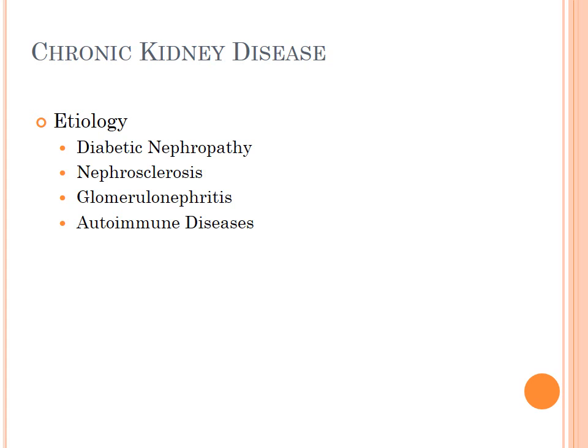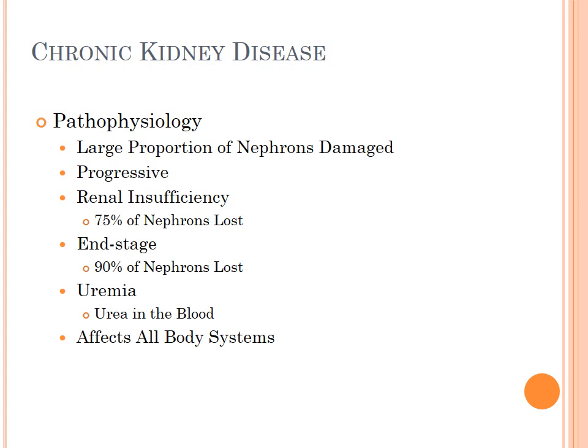Some contributing factors include diabetic nephropathy, nephrosclerosis, glomerulonephritis, and autoimmune diseases, which we hinted at already. Pathophysiology: as a result of the cause, you have a large proportion of the nephrons damaged.